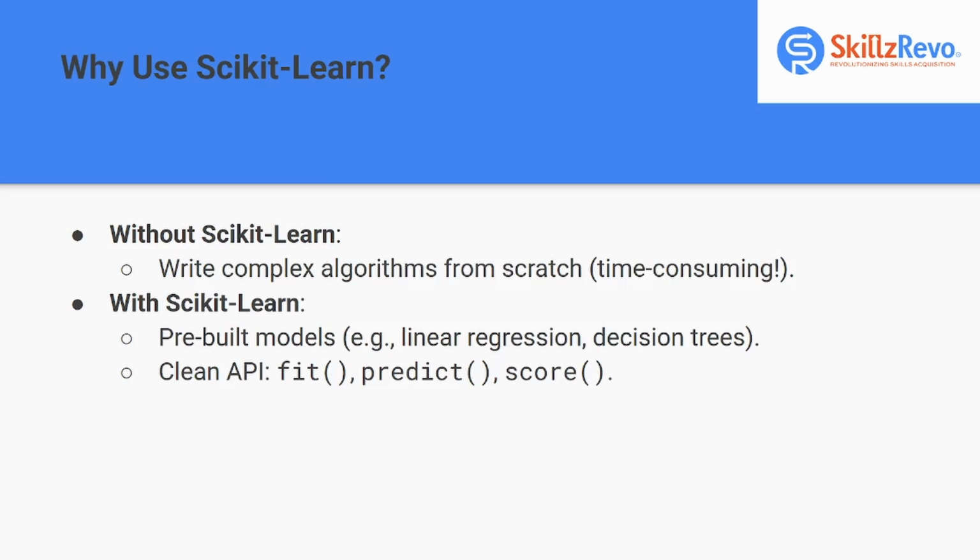With Scikit-Learn we get pre-built models, for example linear regression and decision tree, and we get functions which we call fit, predict and score. With the help of these functions we can train our model, predict values, classify things, or even evaluate our model.